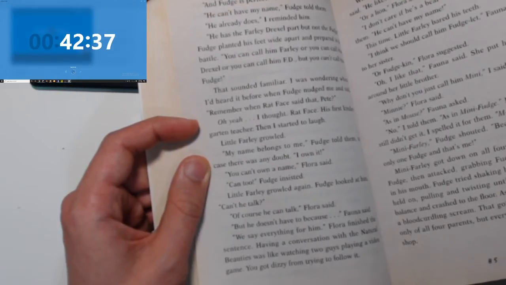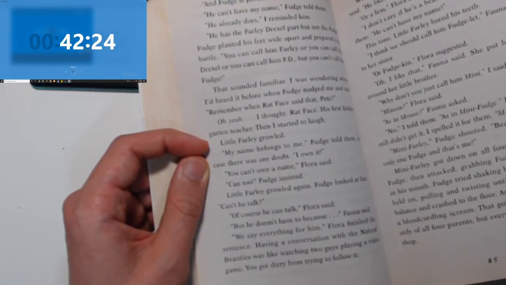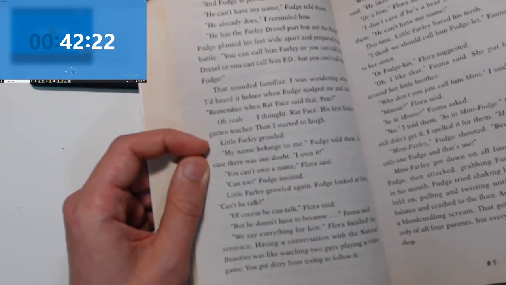Little Folly growled. "My name belongs to me," Fudge told them, in case there was any doubt. "I own it. I own it." "You can't own a name," Flora said. "Can't you?" Fudge insisted. Little Folly growled again. Fudge looked at him. "Can't he talk?"